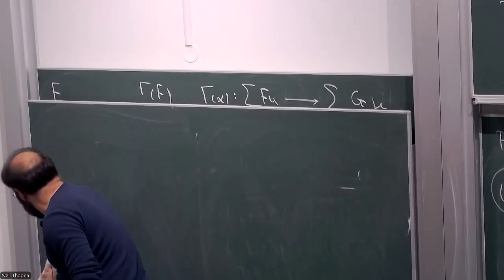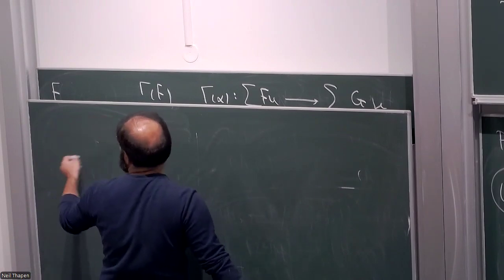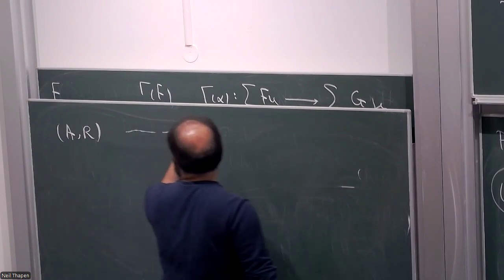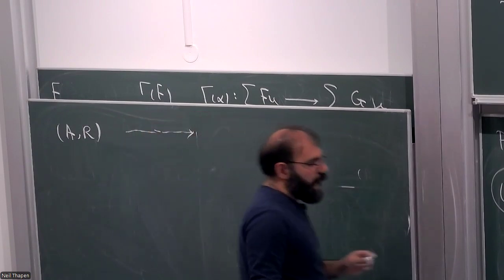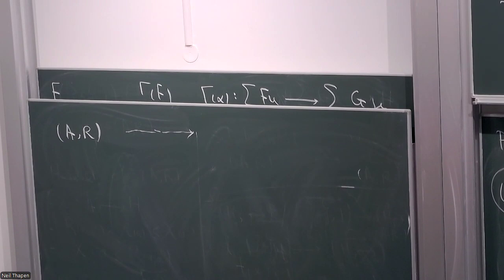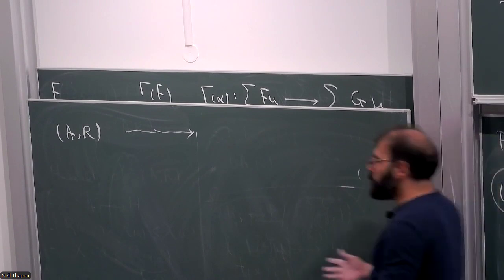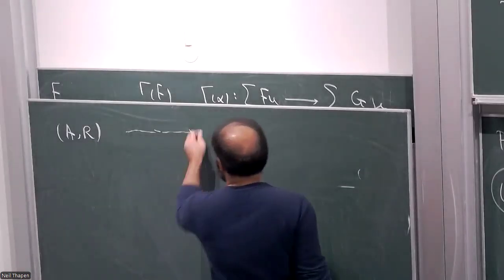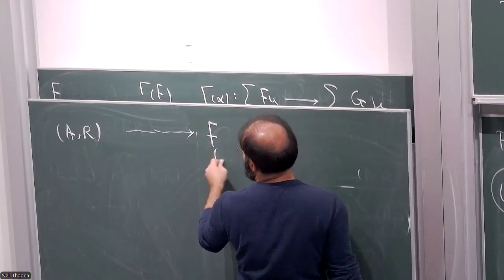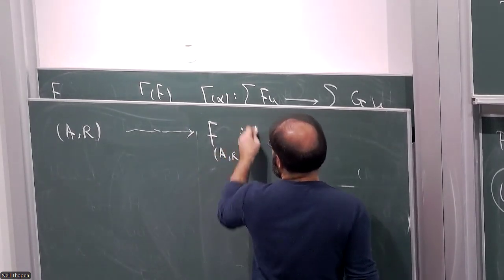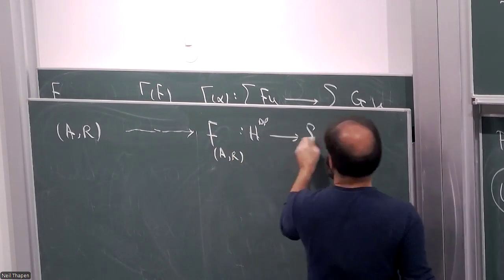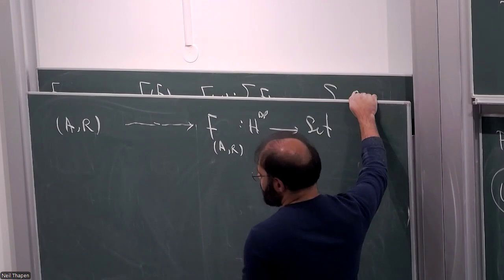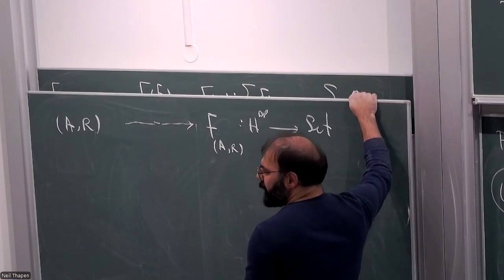This time you have, say, the H set A with R, and you want to assign to your H set some functor. You have, say, the static image, the graph, and you want to define the variation. So what should be this F of A R, from H opposite to Set? What should be the real definition?